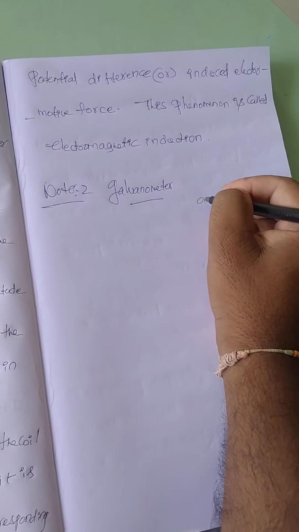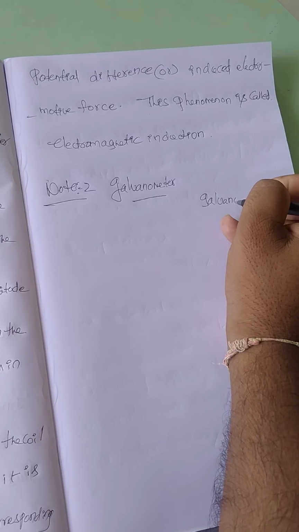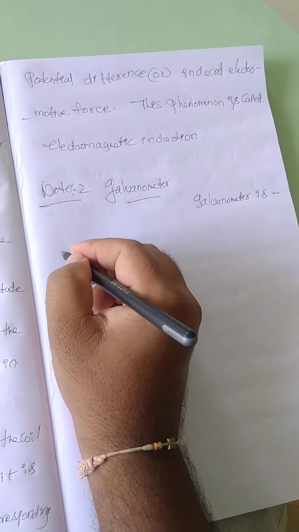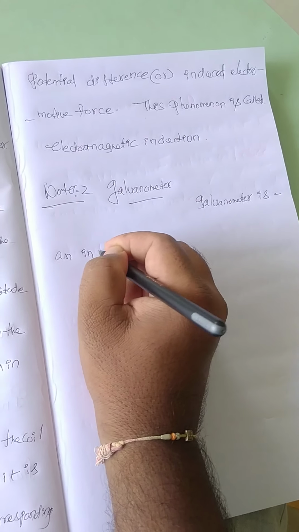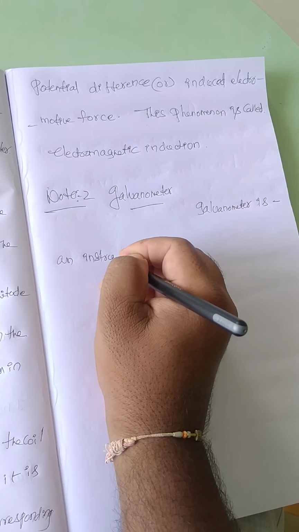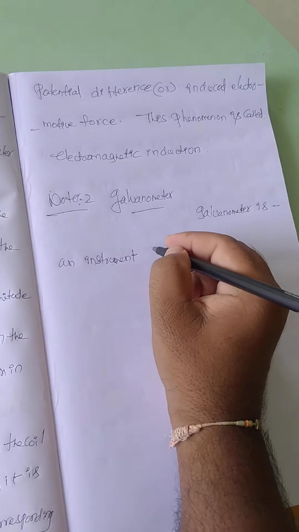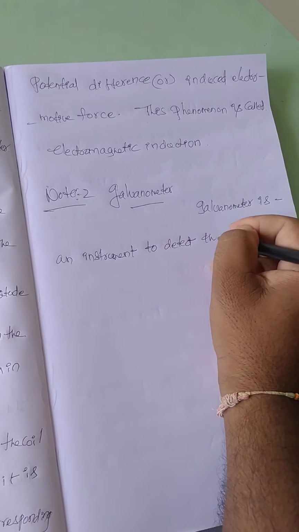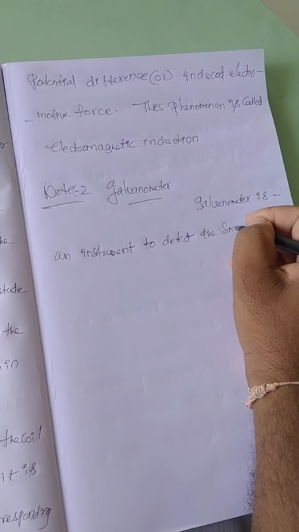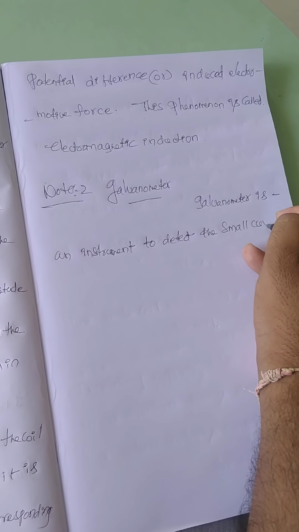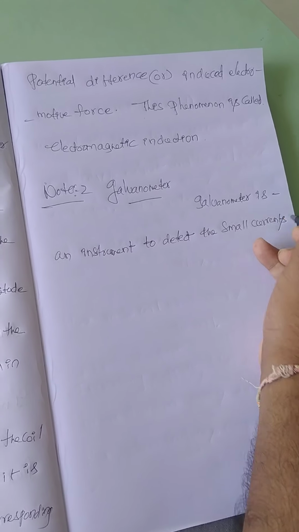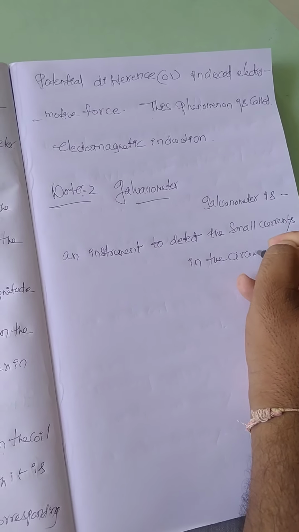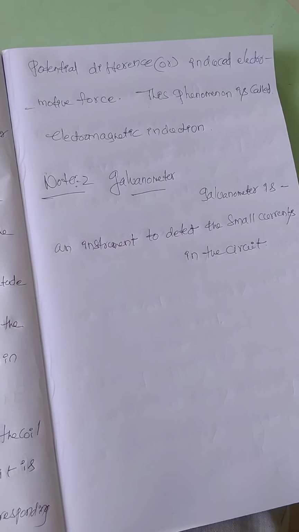A galvanometer is an instrument to detect small currents in the circuit. This is enough about the galvanometer, dear students.